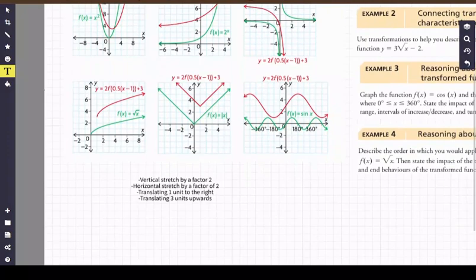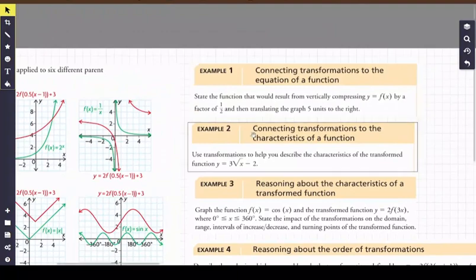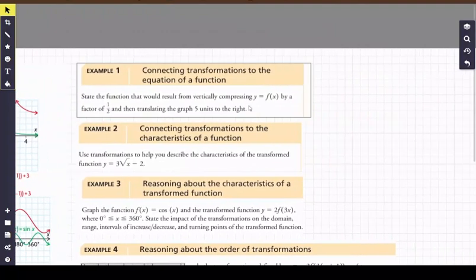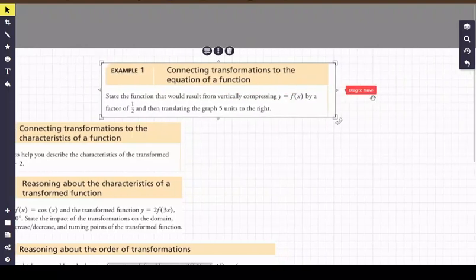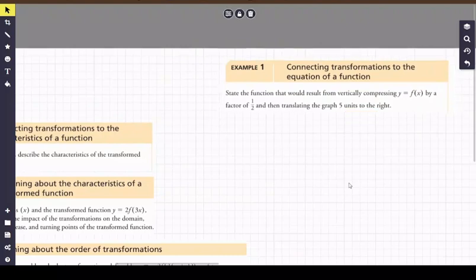Then we can move on to the next part, where we get onto some examples. Let's go ahead and do that. State the function that would result from vertically compressing f of x by a factor of 1 over 2, and then translating the graph 5 units to the right.